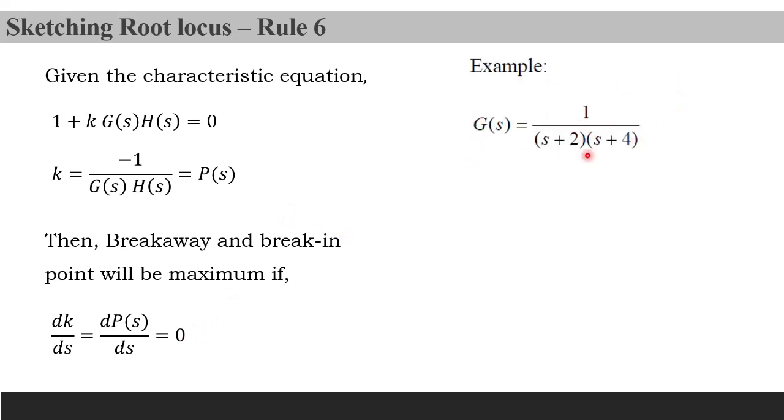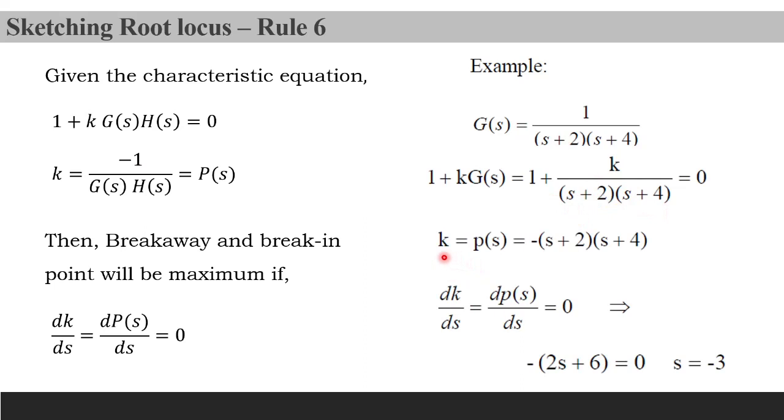Let's say we have a plant function, right? We have two poles at -2 and -4, and let me derive this, substituting this G(s)H(s) into this equation. I'll assume that it's a unity feedback system, so H(s) equals 1, and I'll derive this for the value of k, or I can directly substitute it as 1 upon G(s). So I will get this value, and I'll derive this for the value of k. I'll get these factors, and then I can assign this as another polynomial and take derivatives of it.